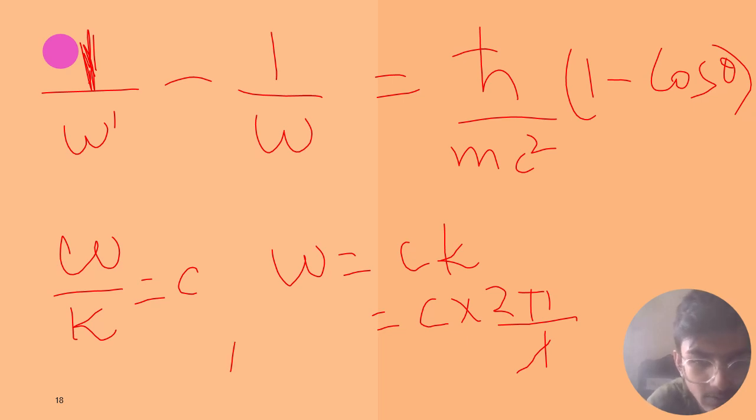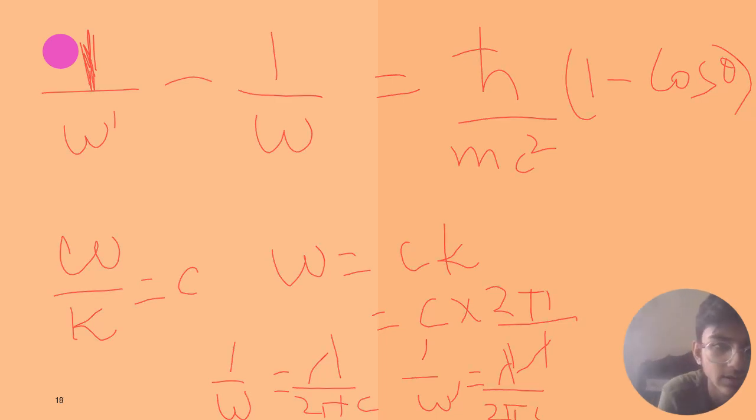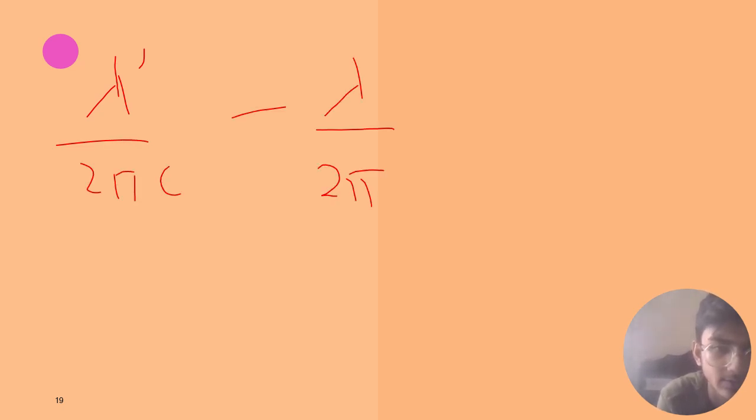So 1 by w will be lambda by 2 pi c. Fine. 1 by w dash will be lambda dash by 2 pi c. So just write this: lambda dash by 2 pi c minus lambda by 2 pi c.